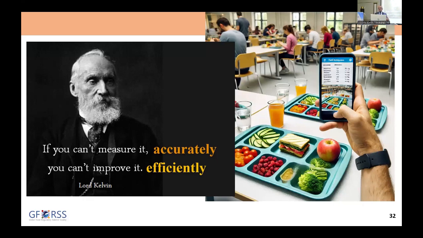Maybe there is a lot of data, but are we sure about the quality of the data that is available? This is a big challenge: to understand whether what is available is accurate, representative, and can lead to good decisions, because as you know, bad data will lead to bad decisions.